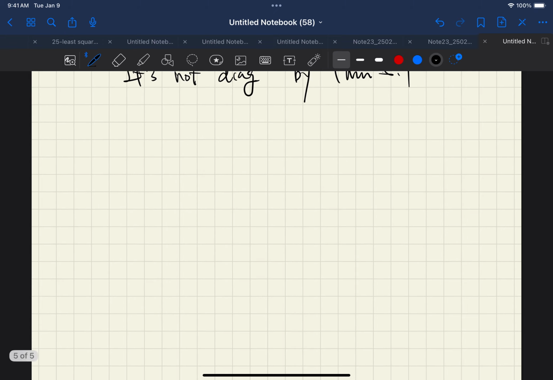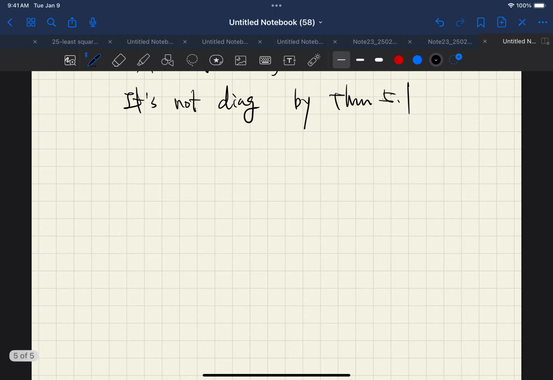So the deeper theory is the following. What does it mean, or how is a matrix related to splits? So here's the answer.